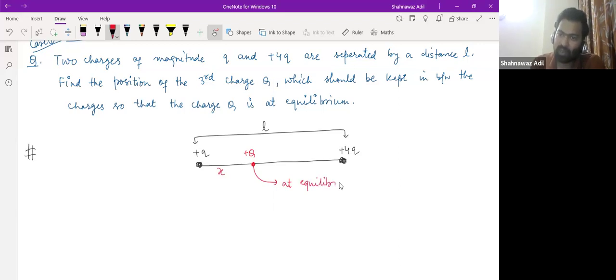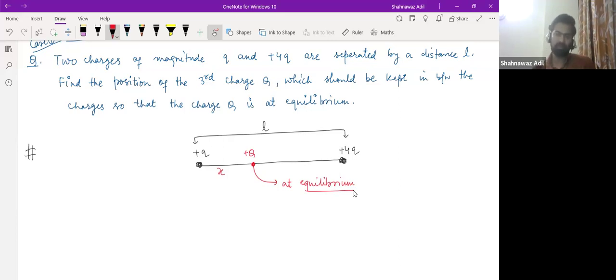So whenever we are talking about equilibrium, what is the parameter that we are referring to? What was the definition that we used? What was the physical quantity that we talked about? I just wrote it, so don't stress yourself.